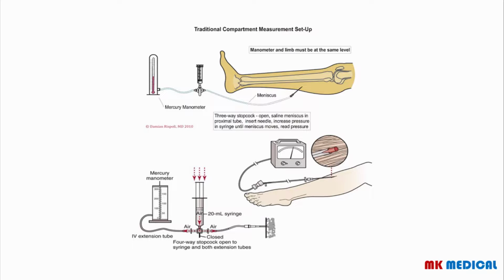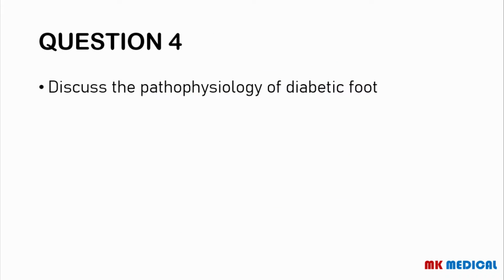So you're pushing this meniscus towards the compartment, and the pressure at which the saline in this tube flows into the compartment is going to be the pressure inside this compartment, because fluid flows down a pressure gradient, from a region of high pressure to a region of low pressure. So it can only allow this fluid into this leg if the pressure exceeds the pressure in the leg. I don't know if that makes sense. So that's how this technique usually works.